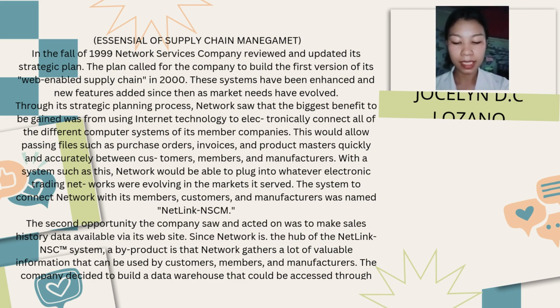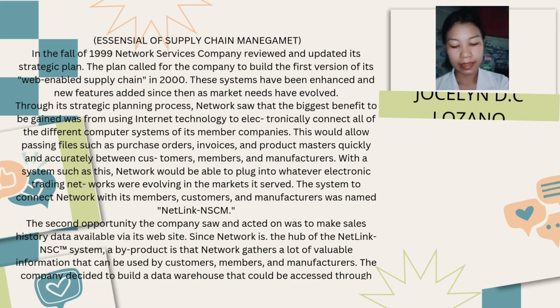The company decided to build a data warehouse that could be accessed through a fourth generation screen on its website. Many of Network's customers already were building their own order entry systems and wanted to send the company franchise orders directly from their systems using either EDI or the Internet.